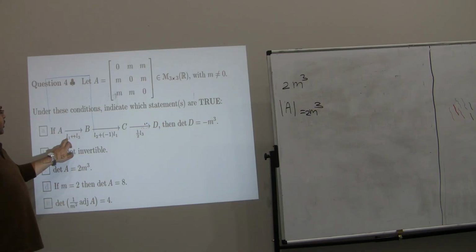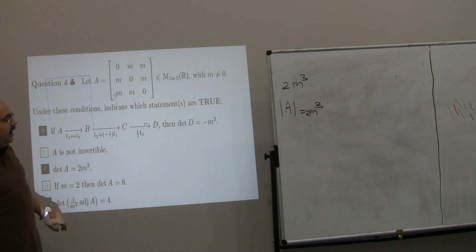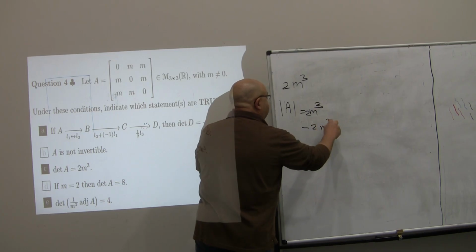First of all, he will switch the rows, so it will affect the value of the determinant. بإيه يا فريد لما switch rows؟ Once you switch the rows in a determinant, the value of the determinant takes a negative sign. So it's going to be negative 2m cubed.